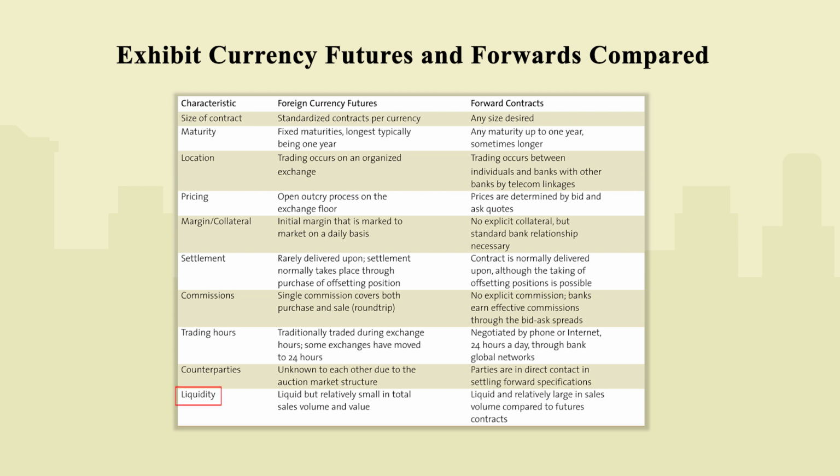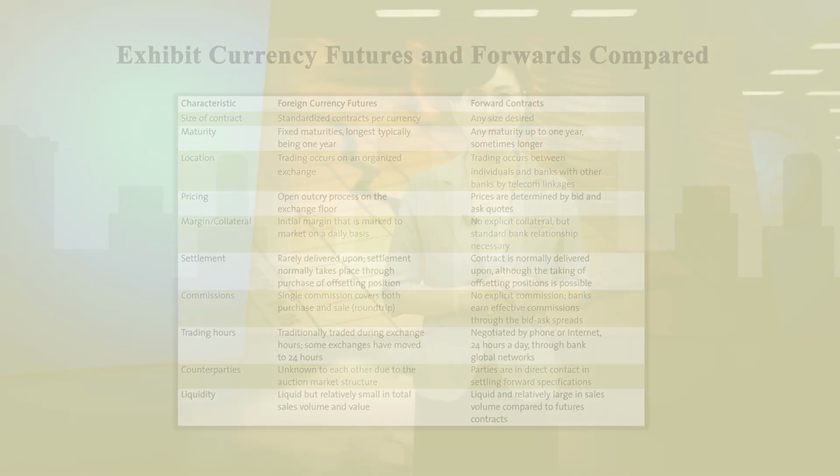From the perspective of liquidity, futures transactions are liquid but relatively small in total sales value, while forward transactions are liquid and relatively large in sales volume compared to futures contracts.